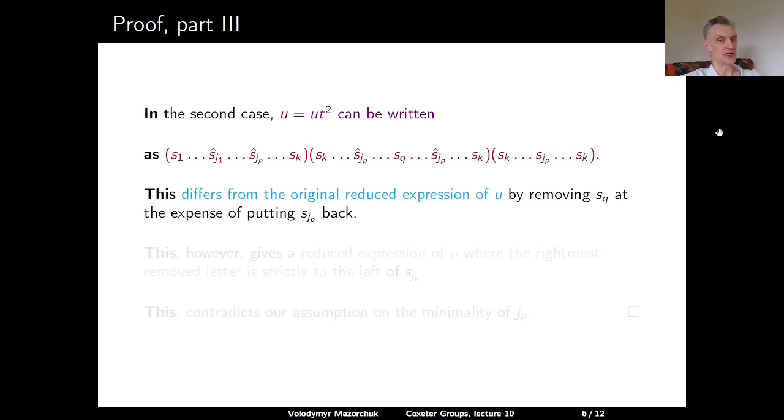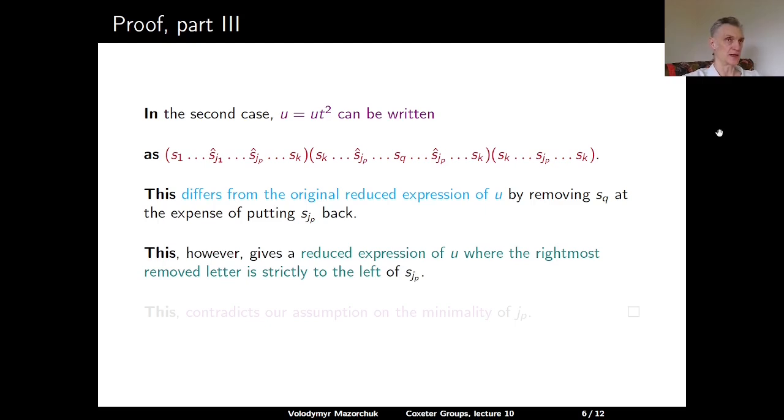So we get a new expression for u, and since our expression for u was reduced, we take one letter out and we put one letter back, this should be a reduced expression. But now the rightmost removed letter is not s_jp, but something to the left of it, because we have put s_jp back. But this contradicts our assumption that jp was minimal.